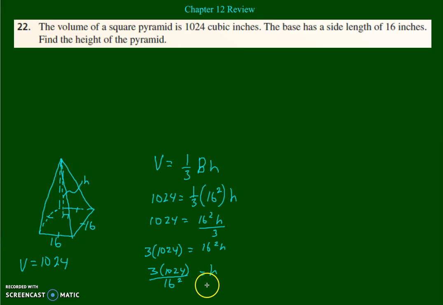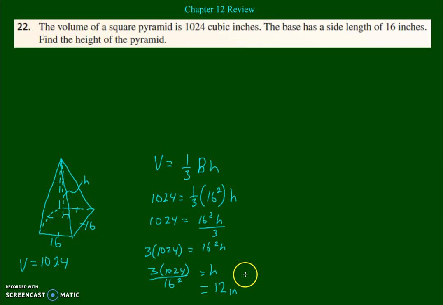We put that into our calculator and we should have the value for h. And h is 12. And since these dimensions are in inches, then we know that this is in inches. Okay, started out looking like a little more difficult problem, but turned out to be fairly straightforward.